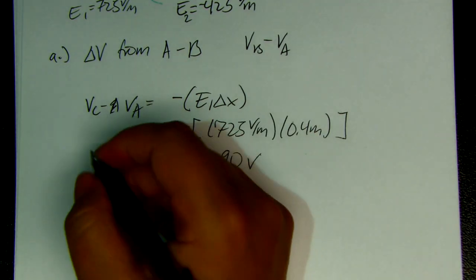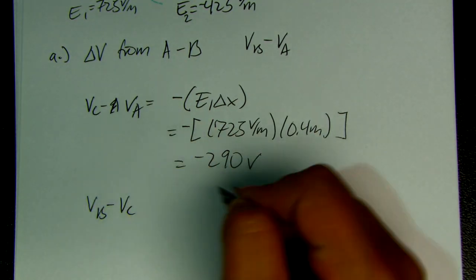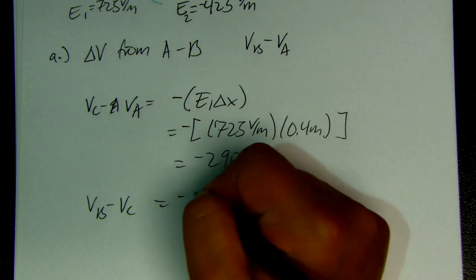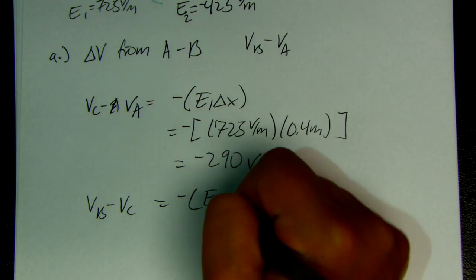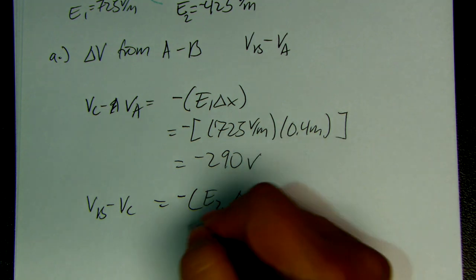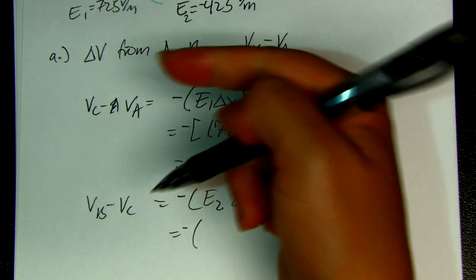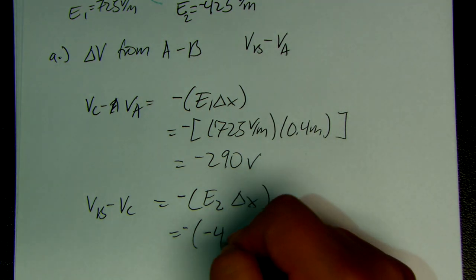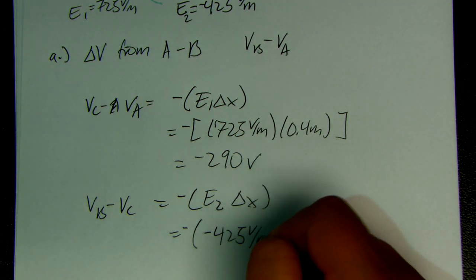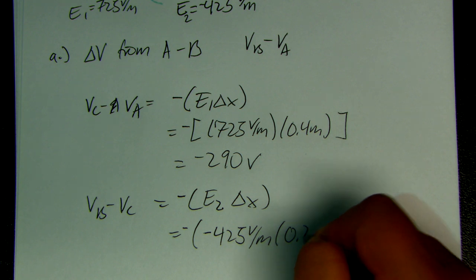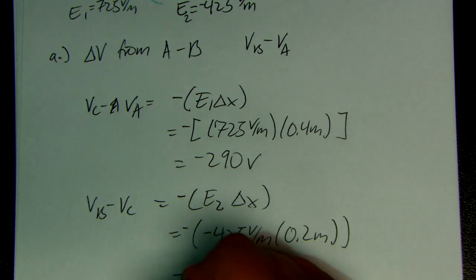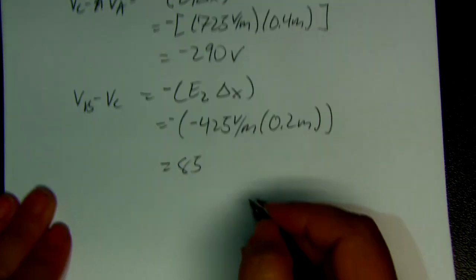And then we want to do VB minus VC, once again, equal to minus E2 delta X, which is equal to minus, so that field's in that direction, so it's going the negative, minus 425 volts per meter times 0.2 meters is equal to 85.